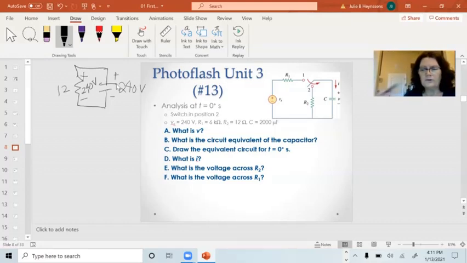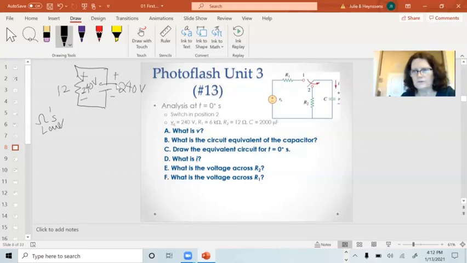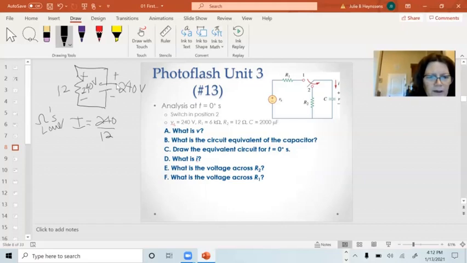I've got the voltage, I've got the resistance, I can find the current. And this is just Ohm's law. If you're not sure about something in a circuit, look at the resistors. They're usually the easiest thing to figure out. And I get the current is 240 over 12, and that is 20 amps.